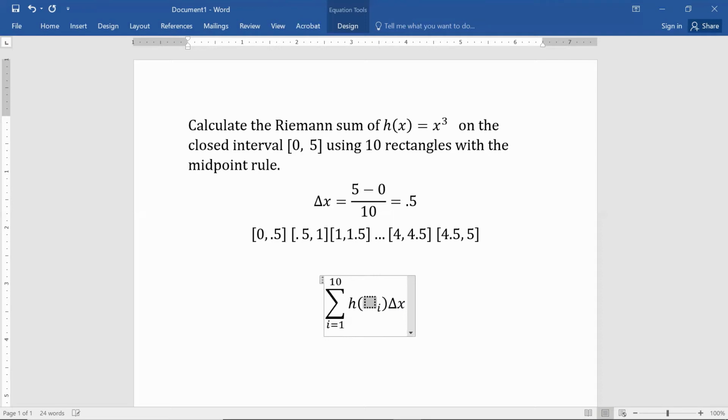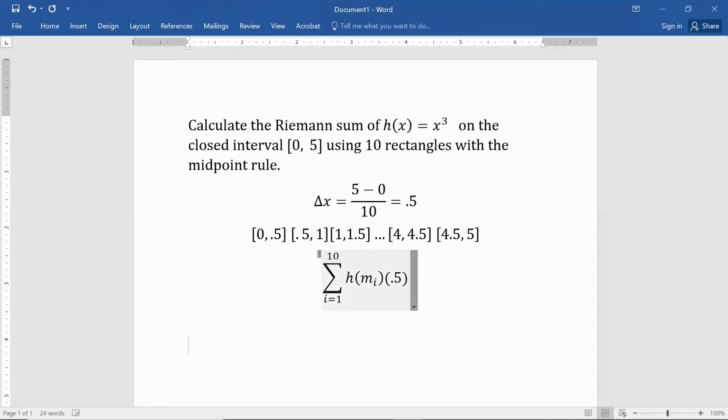I think I'm going to write m sub i just so I can have my midpoint. And then obviously we've already said in this situation, delta x is size 0.5. That is the shorthand version of the Riemann sum.